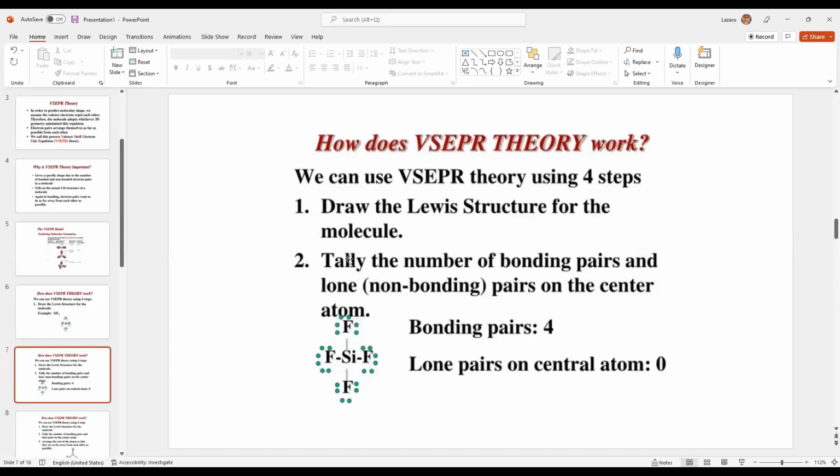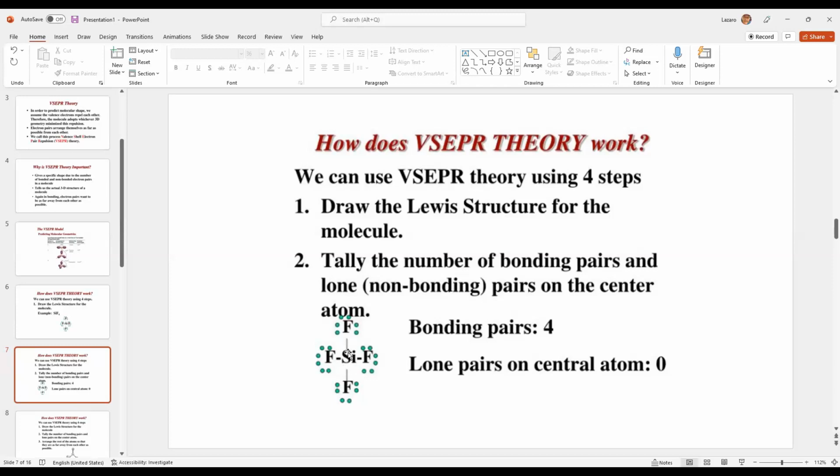Then you count the number of bonding pairs. In this case, you have 1, 2, 3, 4 bonding pairs for the central atom.